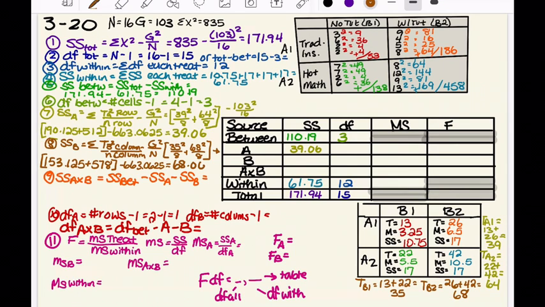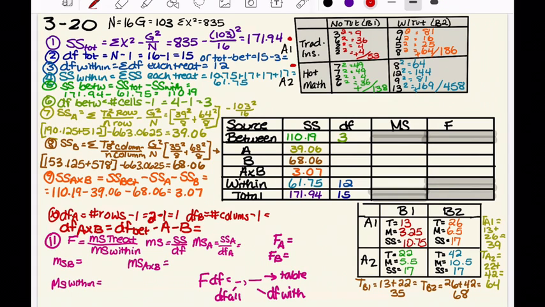To calculate the sum of squares for the interaction, we'll take our between treatments variability and subtract our sum of squares for factor A and our sum of squares for factor B. Our degrees of freedom for factor A is the number of rows, which is 2, minus 1, which equals 1.